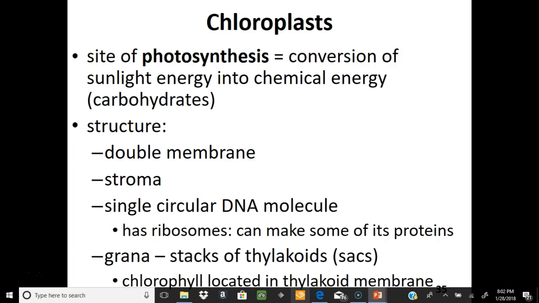And inside the chloroplast, they have these stacks of thylakoids. When we have a stack of thylakoids, we call it a granum. It looks kind of like a big stack of pancakes, and this is filled with chlorophyll, which is the light-attracting pigment.